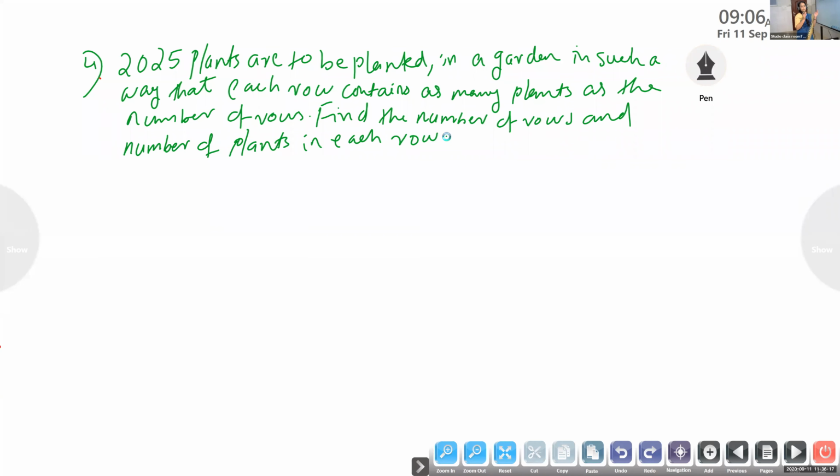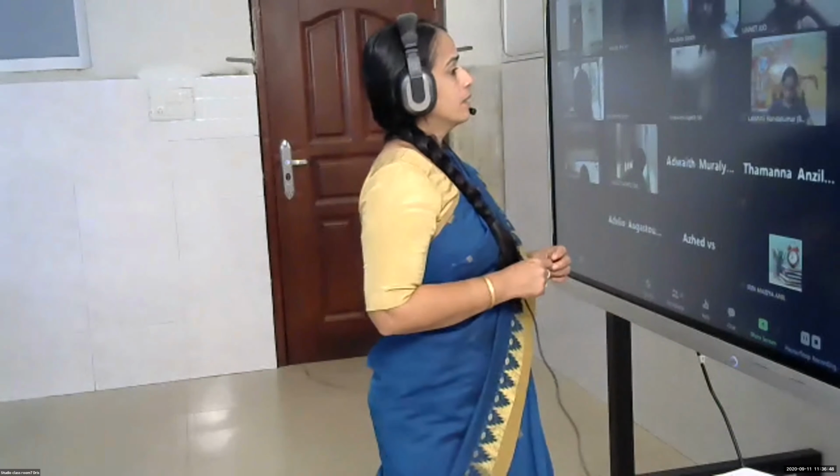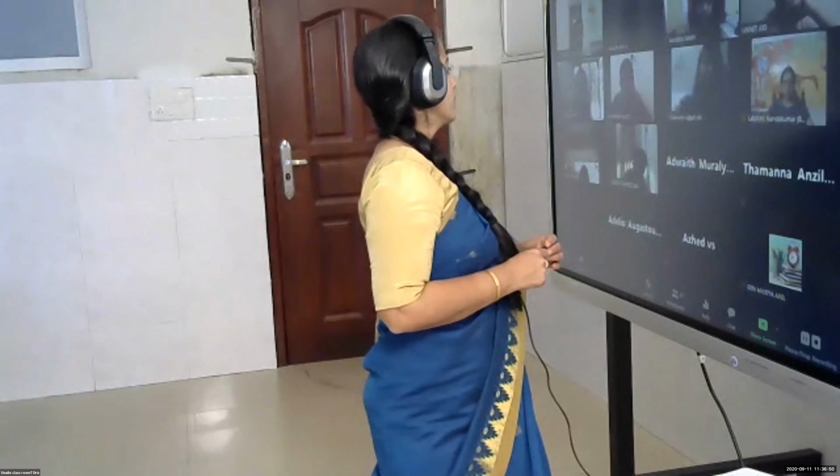We have 2025 plants. We need to plant them in rows. The number of plants in each row should be equal to the number of rows. So how can we find the number of plants in each row and the number of rows?